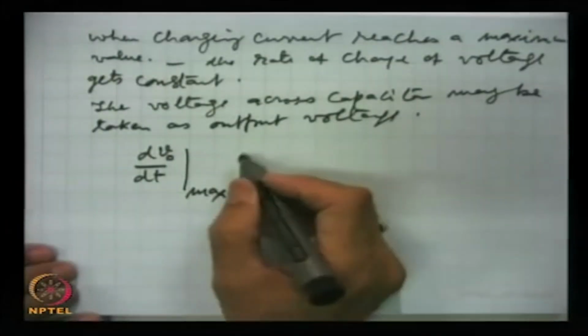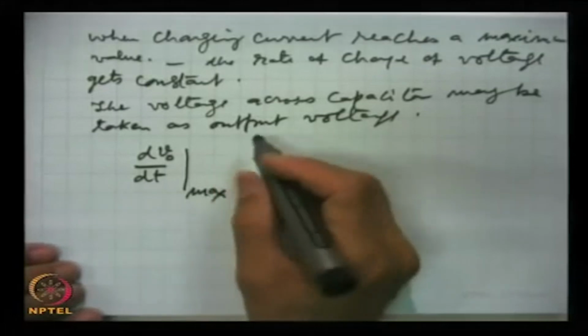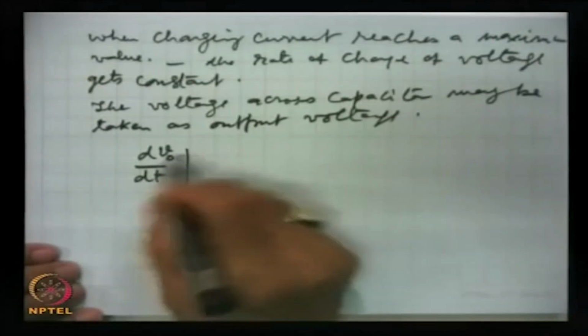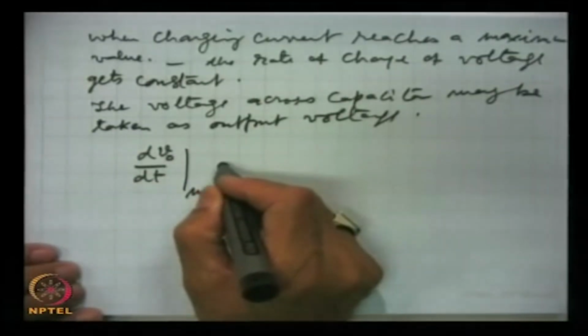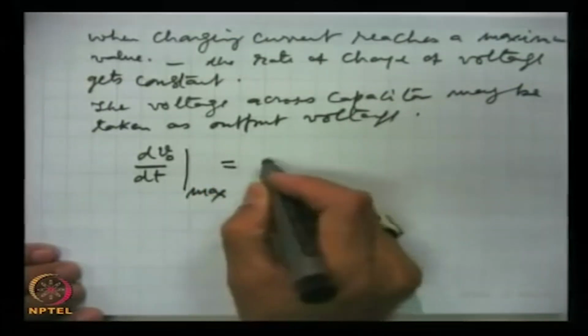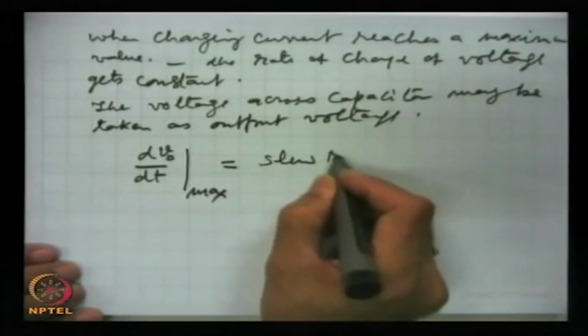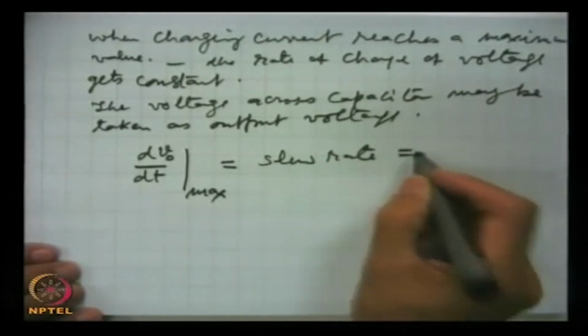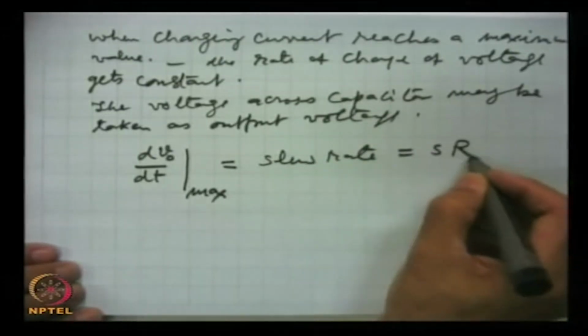So, the charging current puts this rate at a maximum, and this is known as slew rate, and it is written as SR.